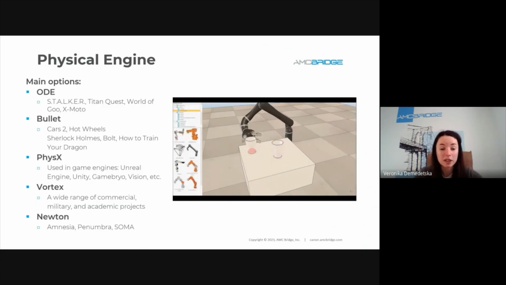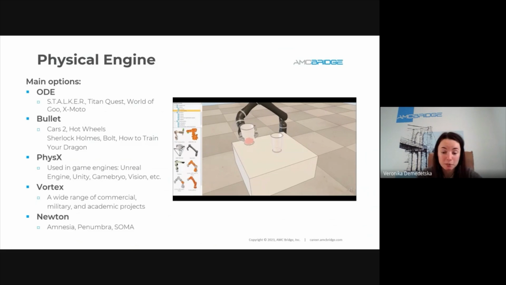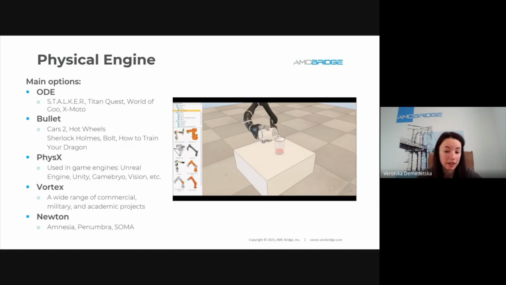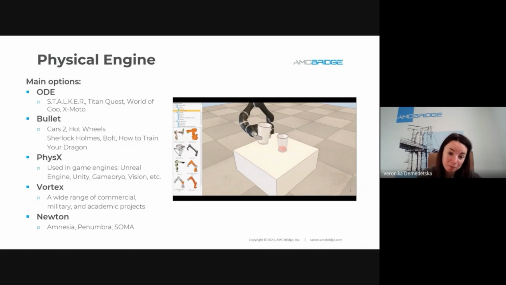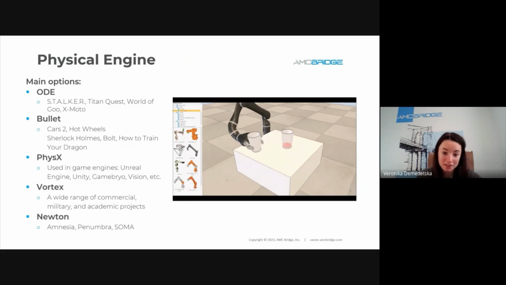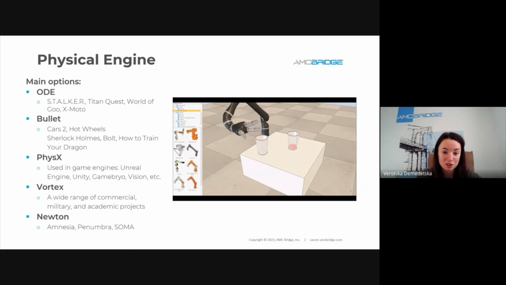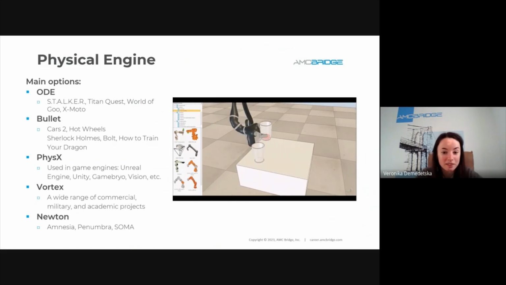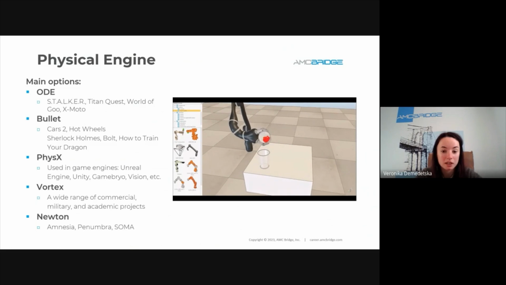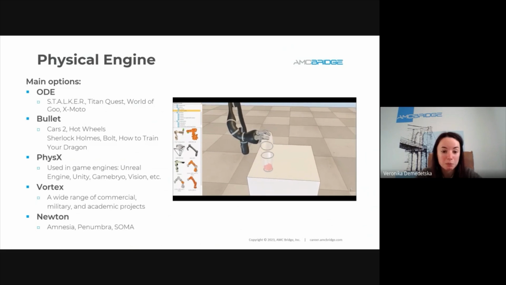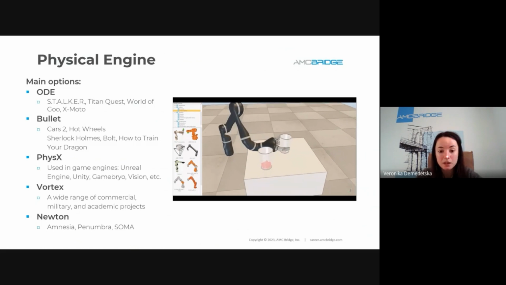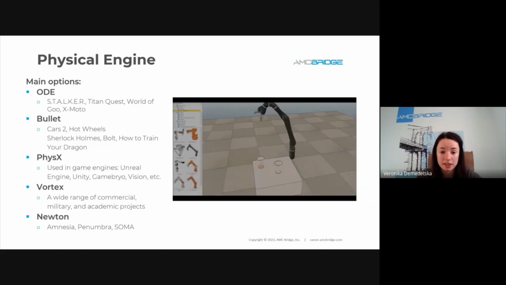Okay, for the physical simulation, if you have an appropriate education and a few years of free time, maybe less, we can try to describe and develop everything by ourselves. But in most cases, we will use some already existing physical engines.